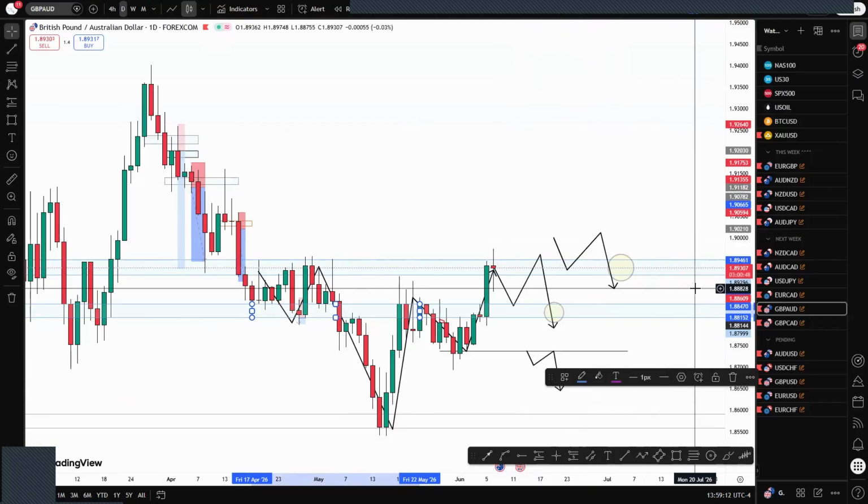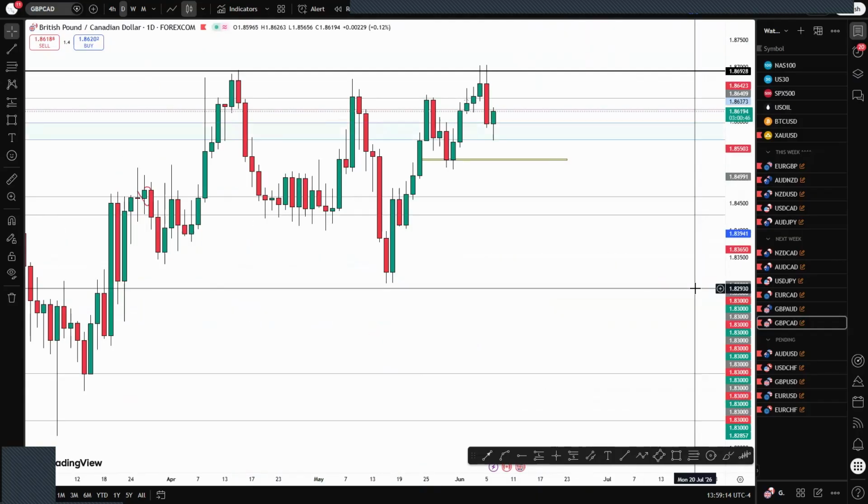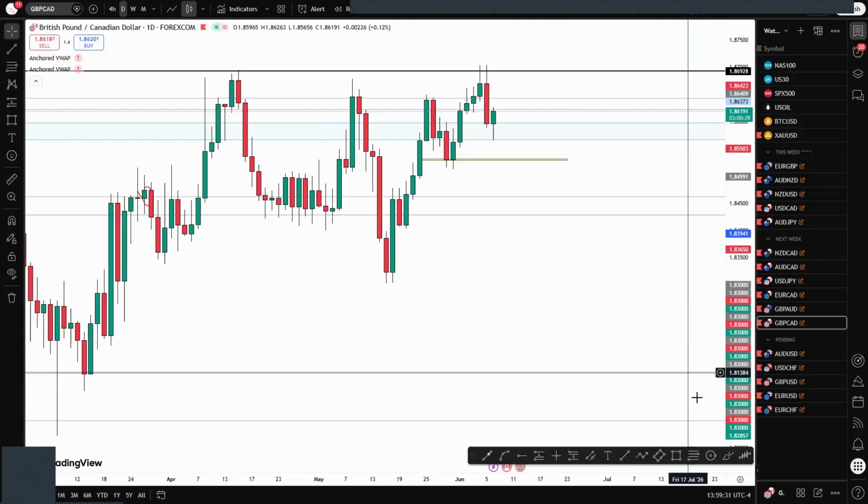Next thing we have is GBP CAD. Price seems to be rejecting the OG level, and we're expecting price to break. But this still stands.